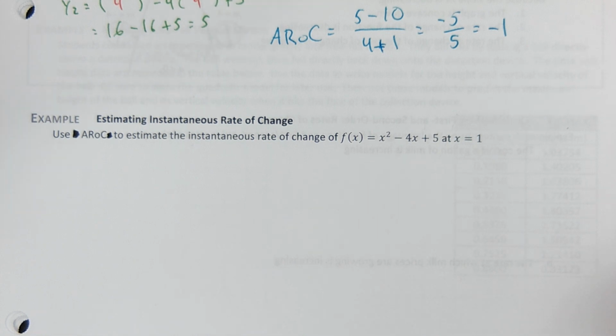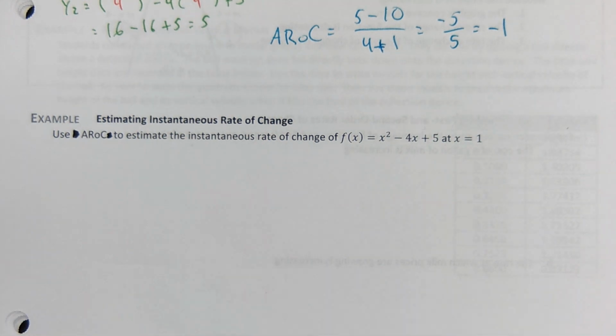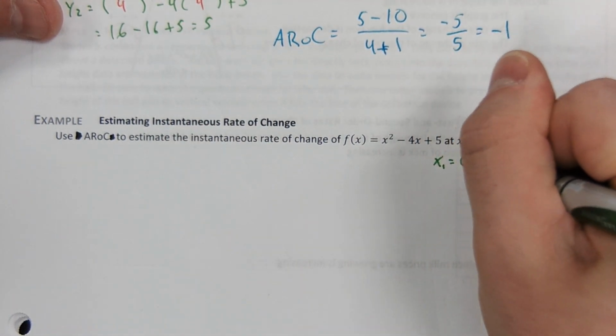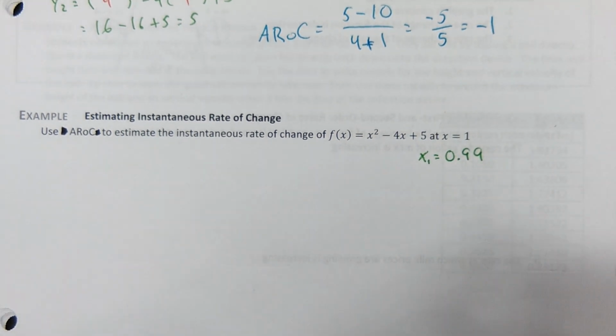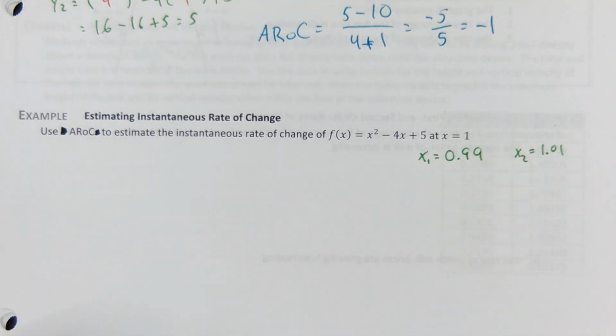What I'm going to do then is pick x's that are very close to x equals 1. I'm going to go just a little bit before it and just a little bit after it. So I'm going to use x1 being 0.99, so I'm only going to be off by a hundredth. And I'll use x2 is 1.01, again, only off by 1/100th.